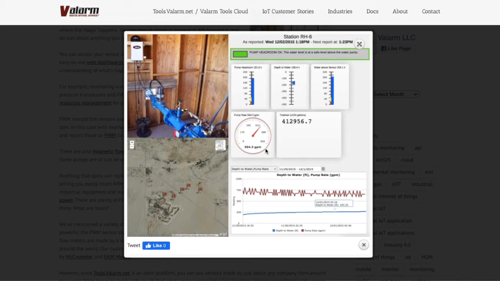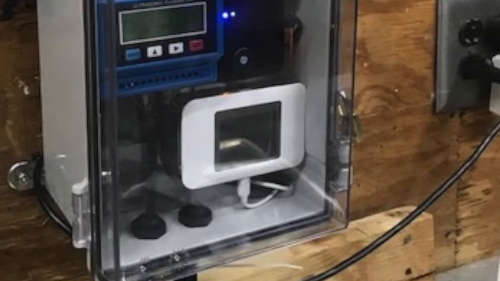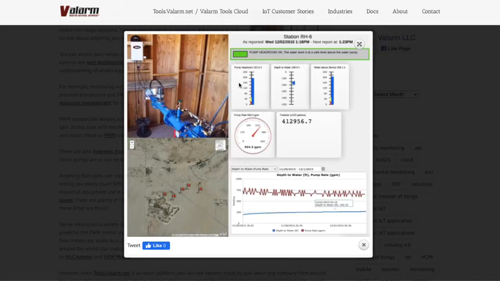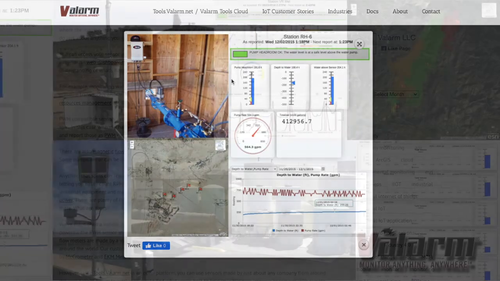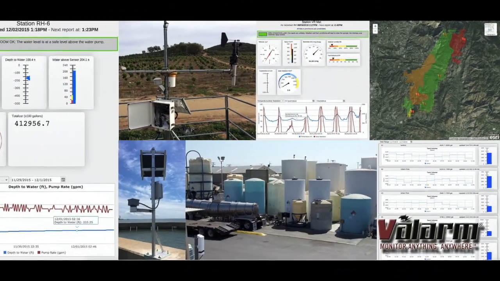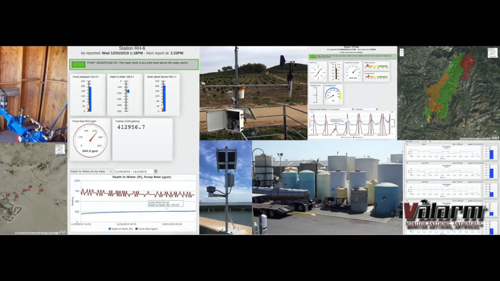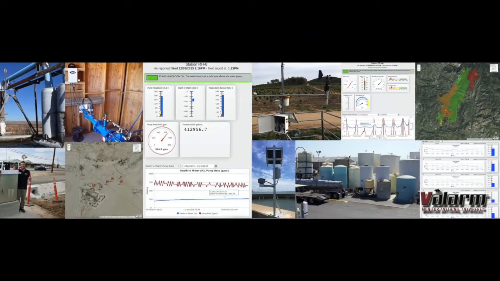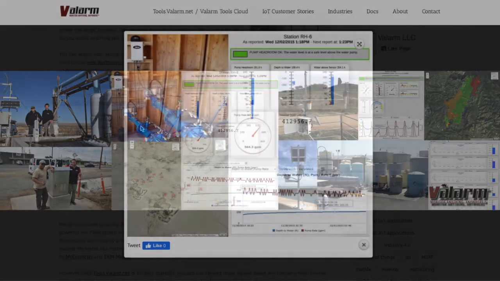You can access your sensor information from anywhere on any device. Simple and easy to use web dashboards, like you see in the screenshot here, give you a quick understanding and situational awareness of what's happening with your remote assets in the field.